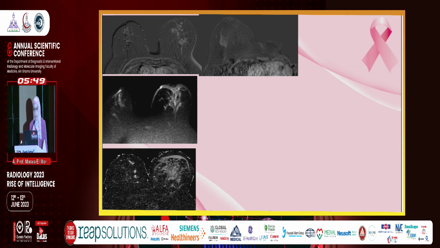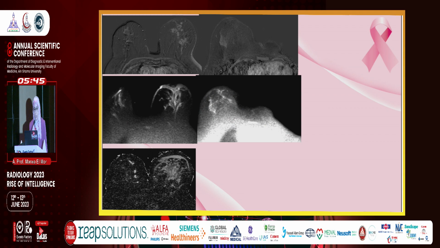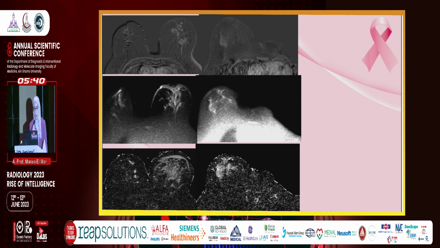This is another patient, the same patient we referred previously as fibrocystic. We can see there is also increased signal on diffusion-weighted image, but when inspecting the ADC, we can see most of the lesion has high signal on the ADC map, and even the low signal areas are similar to that of the surrounding parenchyma.